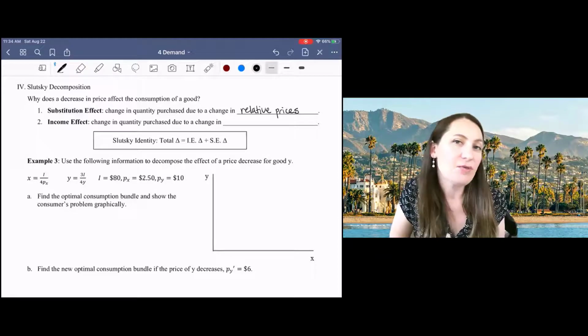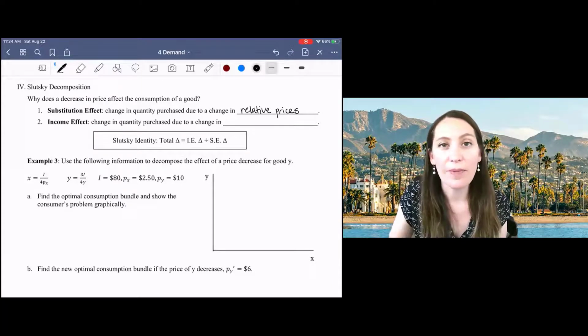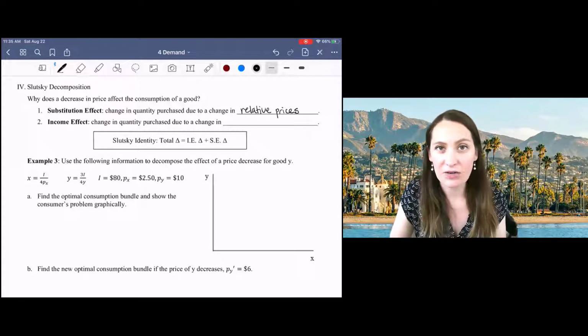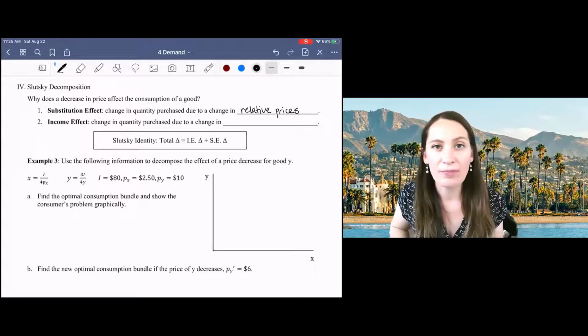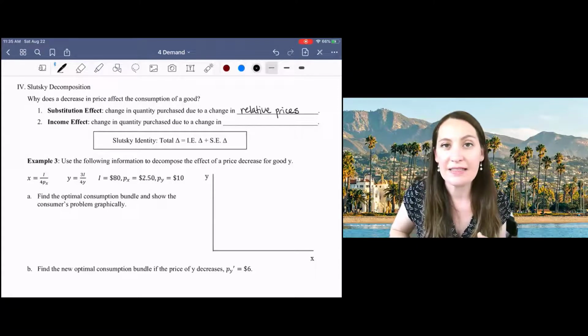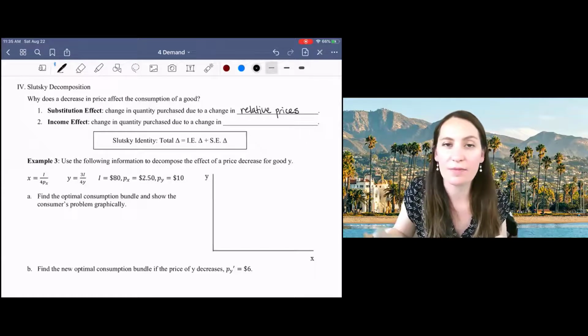But even if you only purchased one good, if there were no substitutes, you would still buy less as the price increased. And that's because as prices increase, the relative purchasing power of our income decreases. So if we have an increase in the price of one product, we would expect to see a shift in consumption away from that product and towards substitutes.